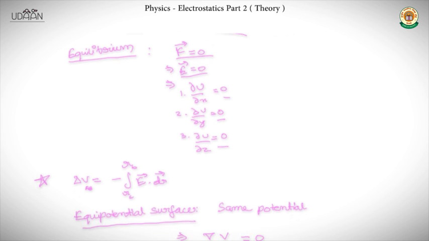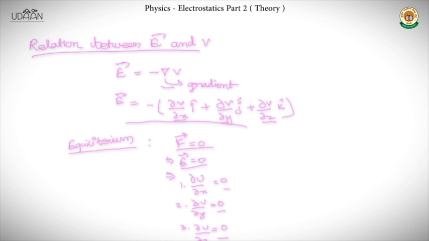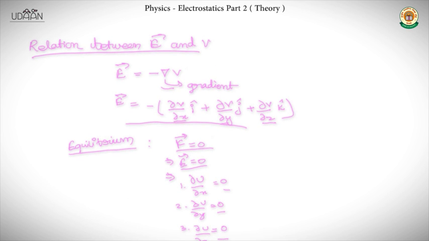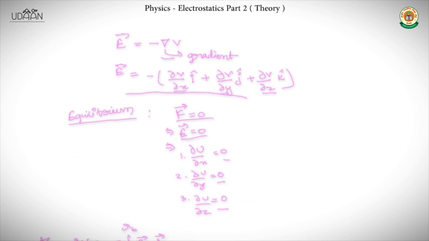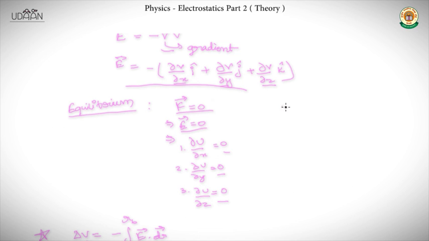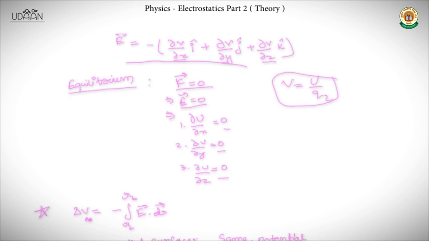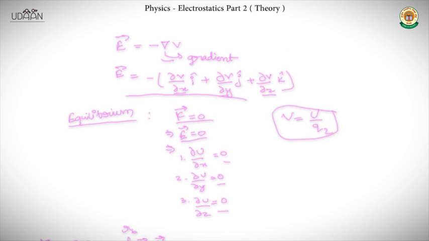Exactly. In the previous equation we used V, and now in this equation we are using U. Since we know that V is equal to U by Q from what we learned, they are directly proportional, so we can use both V and U in this case.